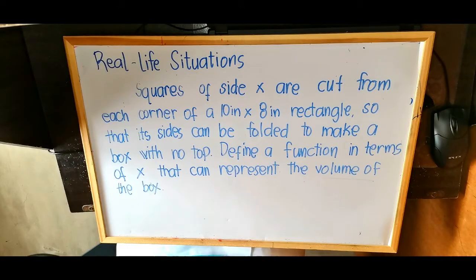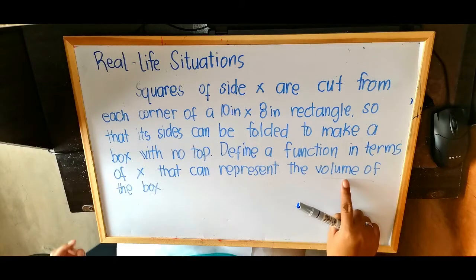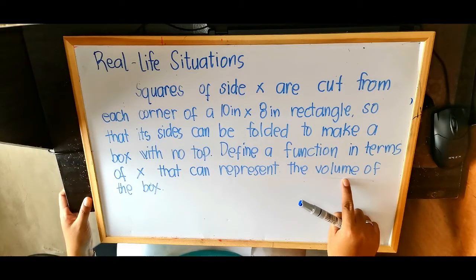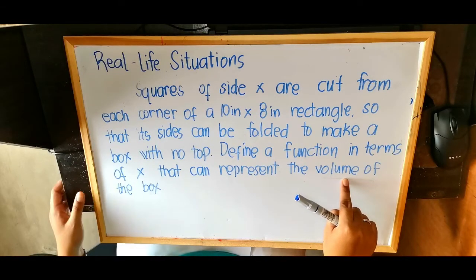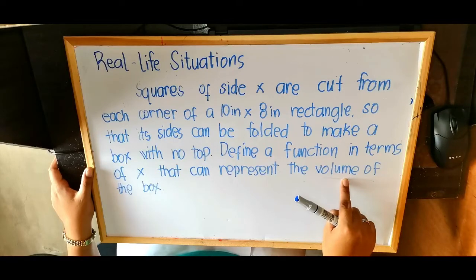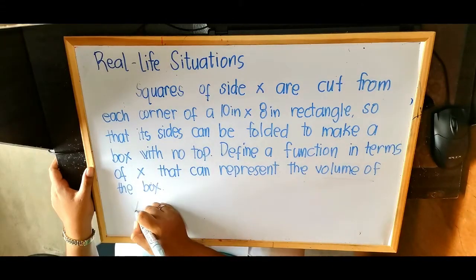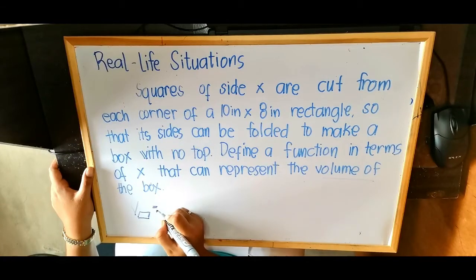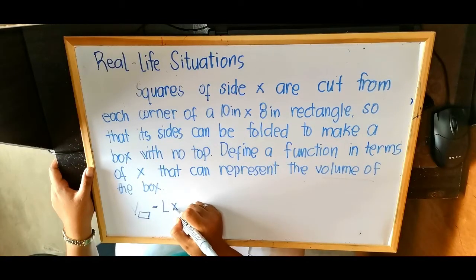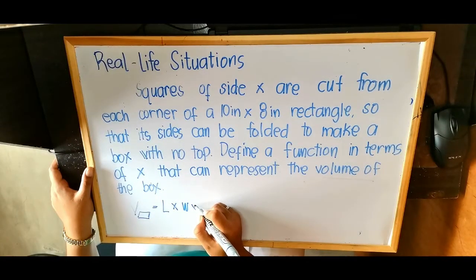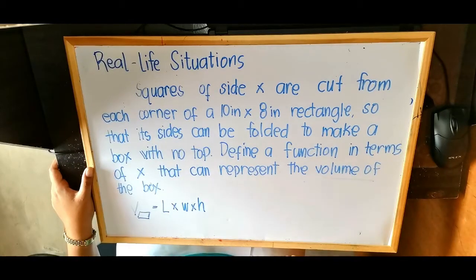So, a rectangular box, paano ba muna kinukuha ang volume ng isang rectangular box? So, let us recall the formula for the volume of the rectangular box. So, we have the volume of a rectangular box is equal to length multiplied by width multiplied by height.